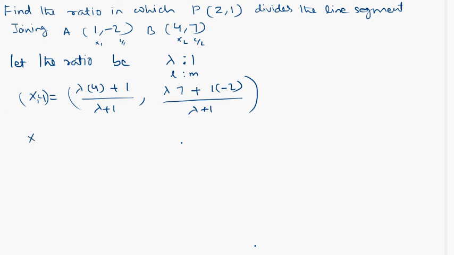So the x coordinate would be 4 lambda plus 1 divided by lambda plus 1, and the y coordinate would be 7 lambda minus 2 divided by lambda plus 1. Now we have the x and y coordinates, which is P 2, 1. We just have to equate one of these coordinates to the given coordinates of the point.